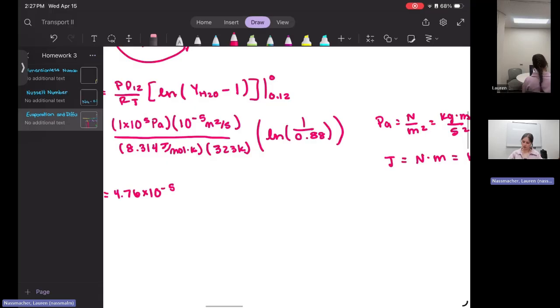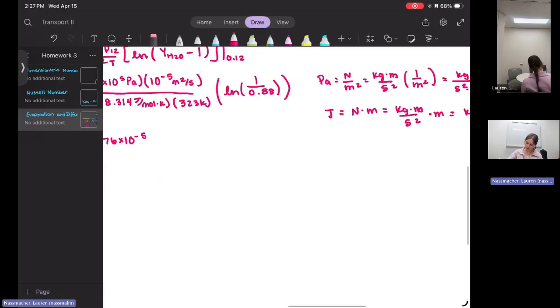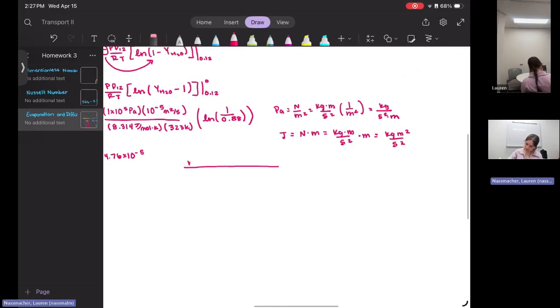Let's see all the units that are within here and put them all in one little division symbol. So our kilograms, this is on the bottom, and then for our meters squared, seconds are on the bottom, our joules are on the bottom, so that means that kilograms times meters squared on the bottom, but our seconds are on the top, and our moles are on the top, and Kelvin is on the top.